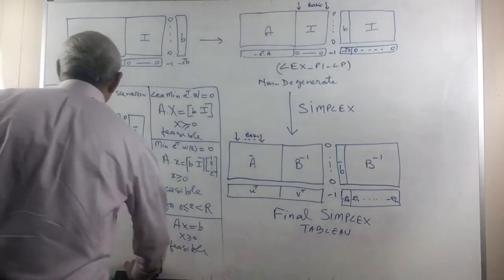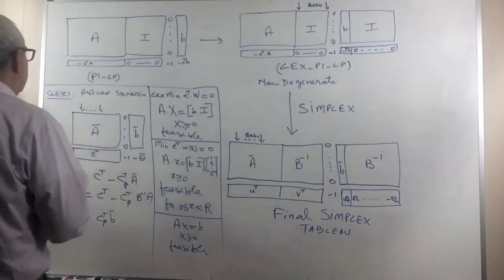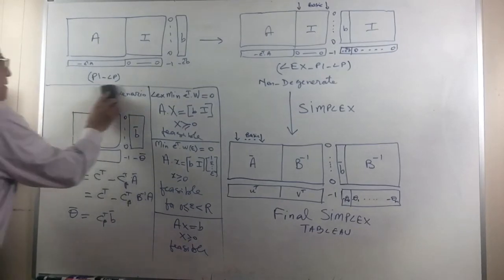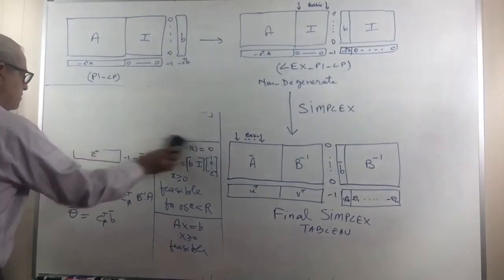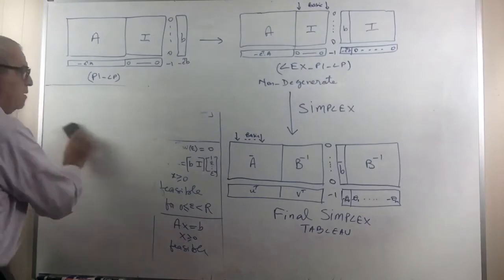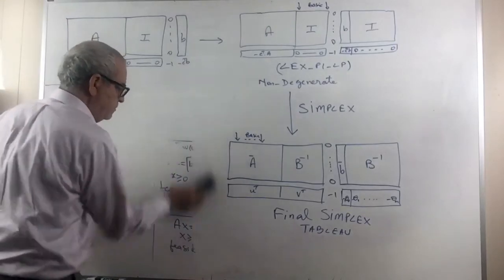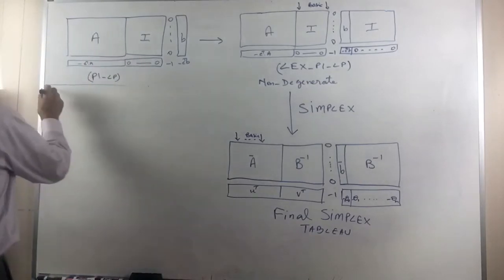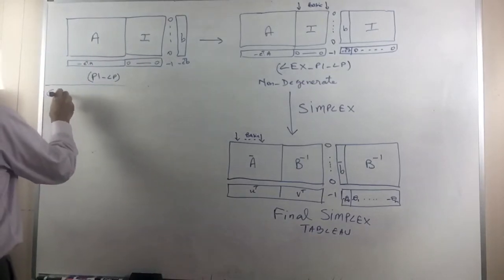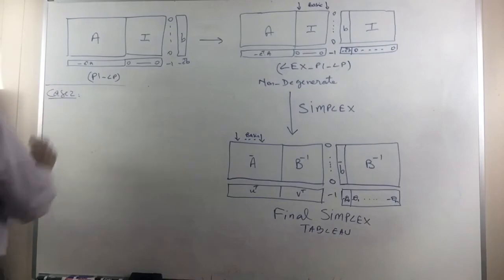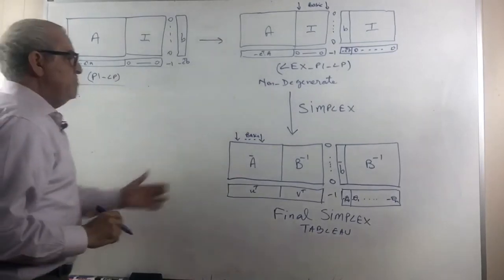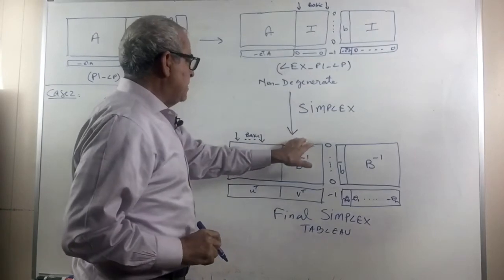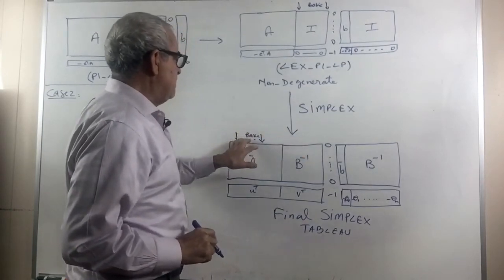Now let's do the second case, the opposite of this case. So case 2, I have a mixture. They didn't all leave the basis. I got some that are still in the basis, and I have some basis over here.